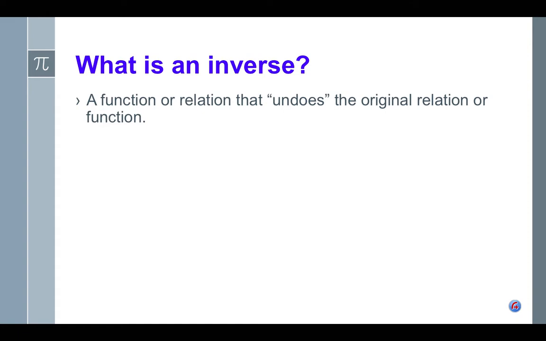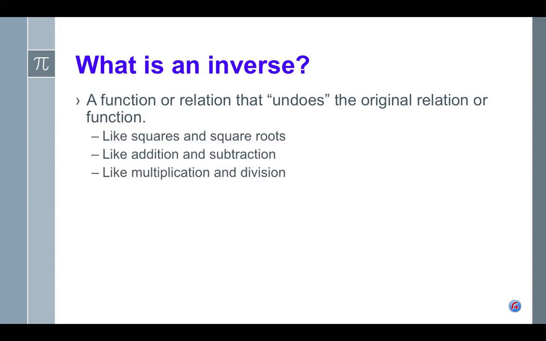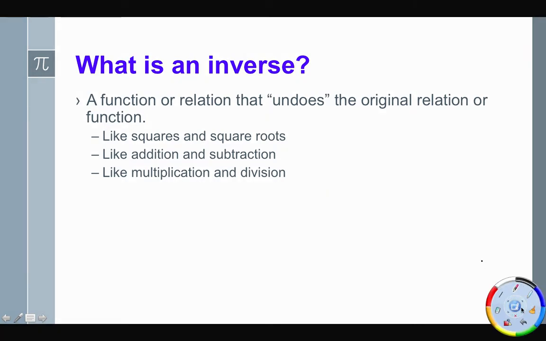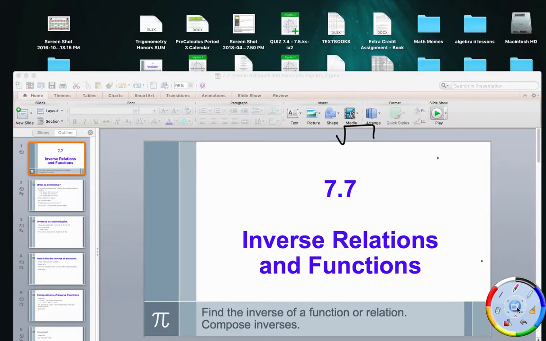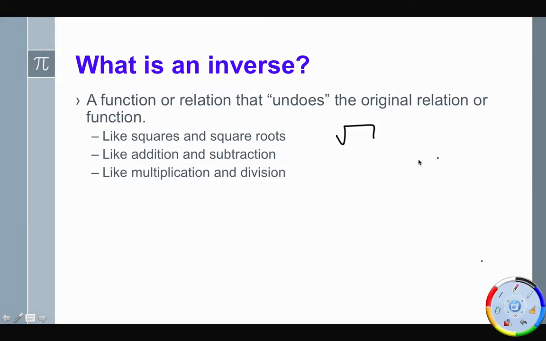Now, I'm going to use the word function a lot more than relation, but inverses are things like squares and square roots. We know that a square will undo a square root. So if we were to do the square root of x squared, that undoes the square.